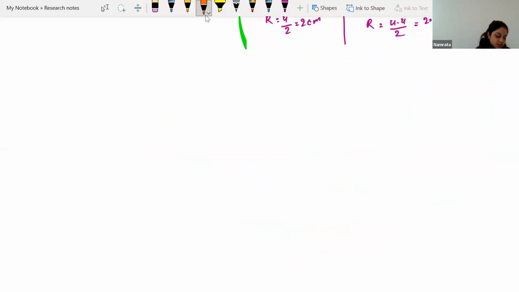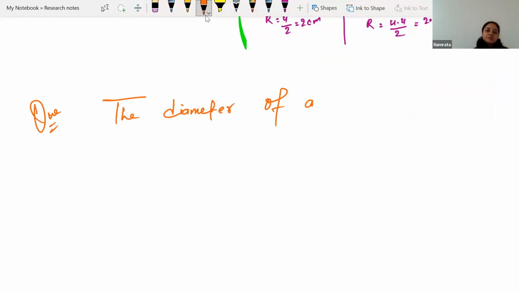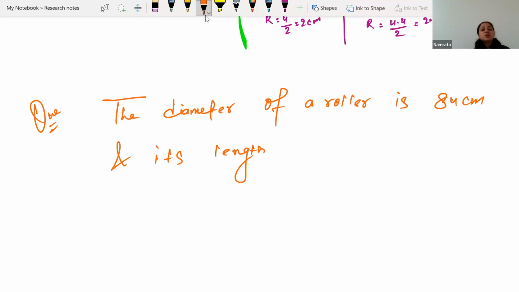Okay, the next one says the diameter of a roller is 84 centimeter and its length, keep on noting the hints. Then only you will be able to work on these problems, because all the calculation and everything I am going to leave for you only. Length is 120 centimeter.